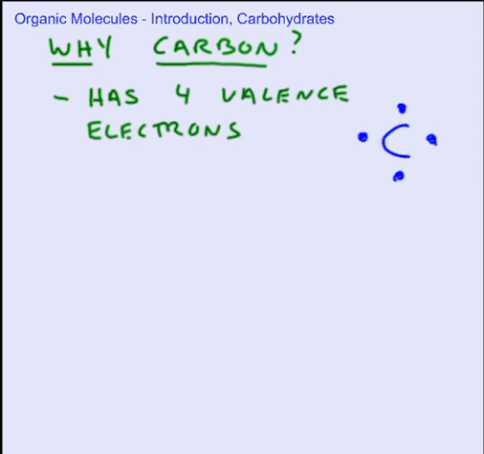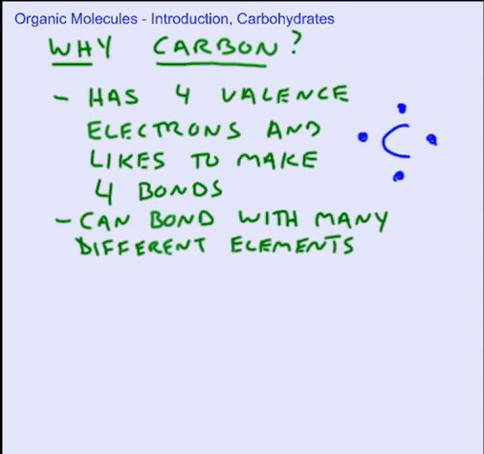With only four valence electrons, carbon has four empty spaces in that outer energy level to reach the comfortable level of 8. Remember the octet rule. Elements will make bonds to fill up that outer energy level to get up to 8. And because of this, carbon likes to make 4 bonds.